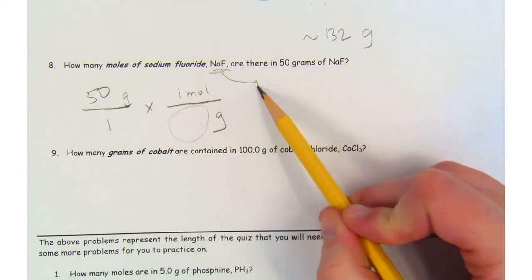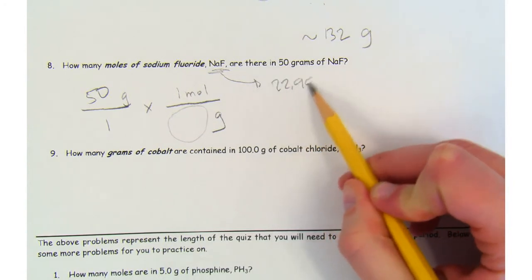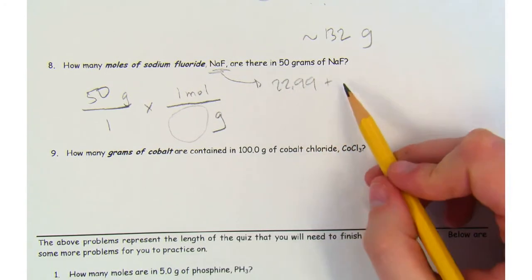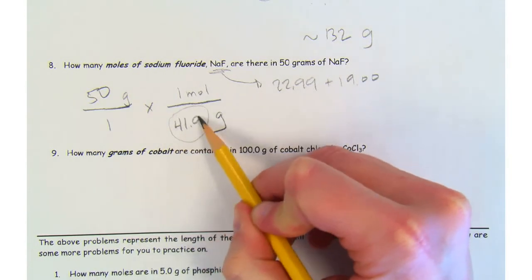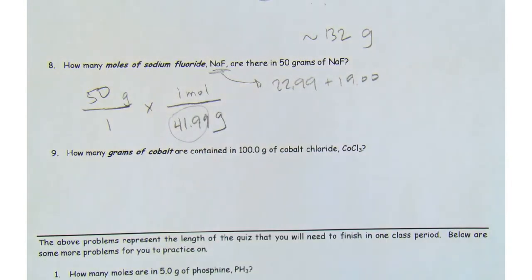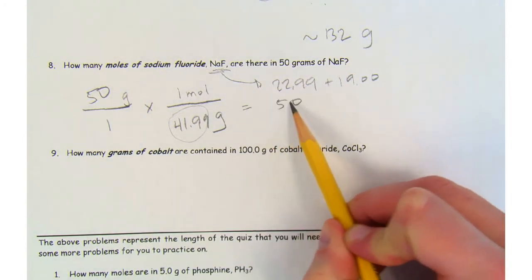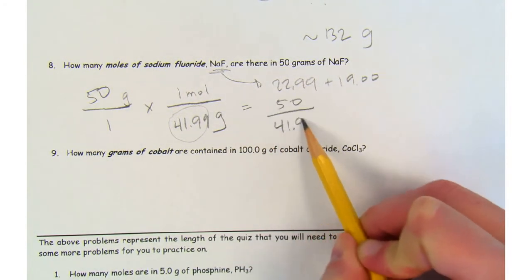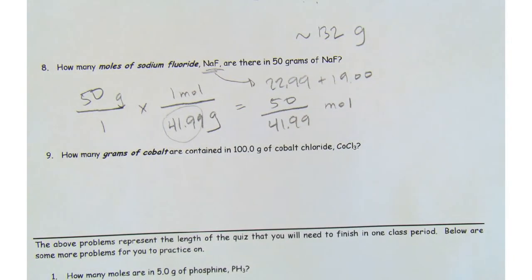So if you look this up, sodium, the Na, plus fluorine, okay, 41.99 grams. Now you multiply straight across. Okay, and then you should punch that into your calculator. You should get about 1.16, something around there.